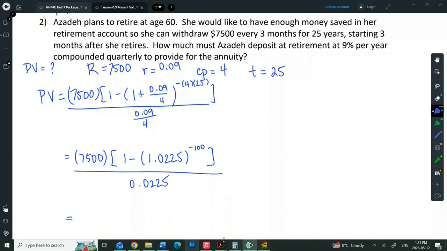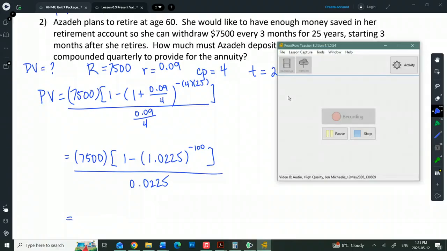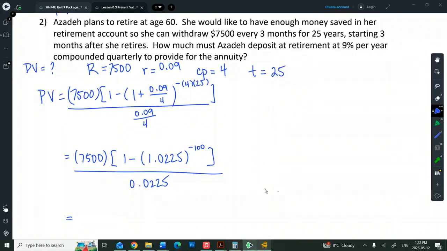And if you're watching the lesson video, you can just pause and do your own calculation on your calculator. All right, you should have gotten $297,313.05 for your present value in the account.